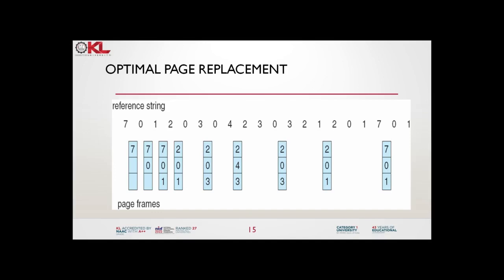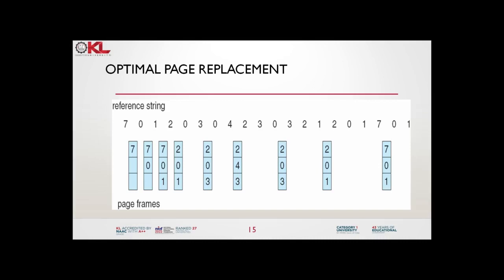I don't require this particular 7 for my upcoming activities. That is the reason why this optimal page replacement verifies this 7, 0, 1.